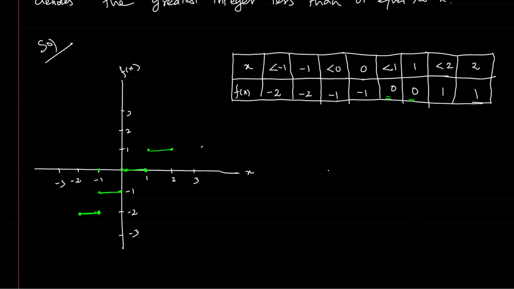Just before 1 it is 0, but at 1 it jumps to 1. Similarly, at minus 1 it jumps as well. So the discontinuity occurs at the integers, but for the non-integer values, the function is continuous.